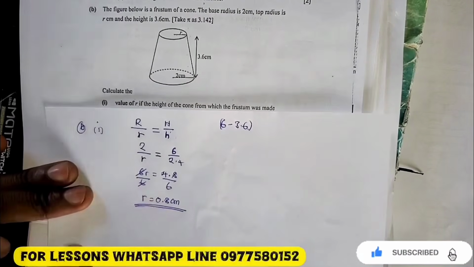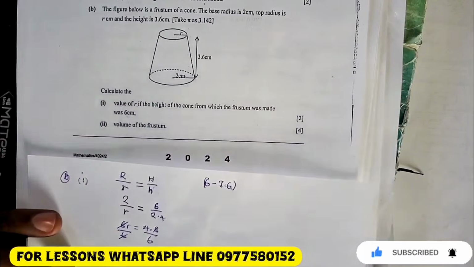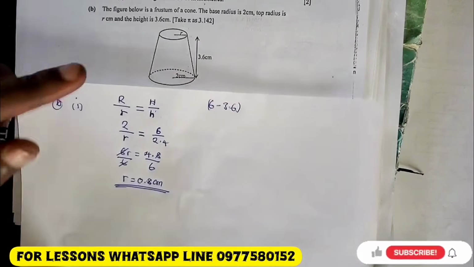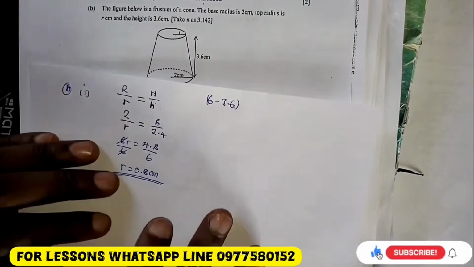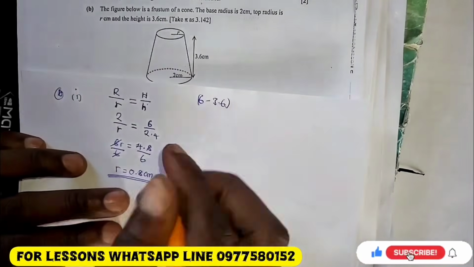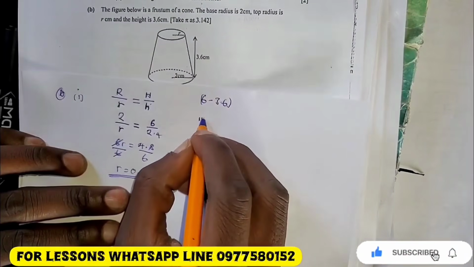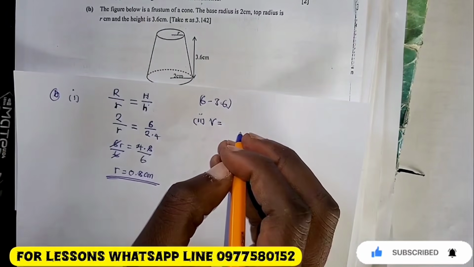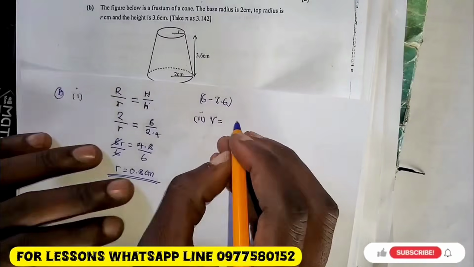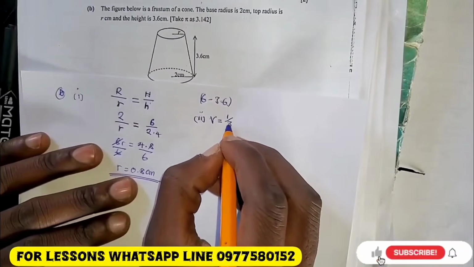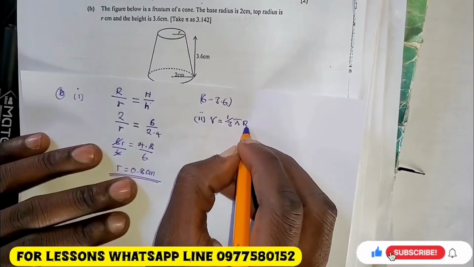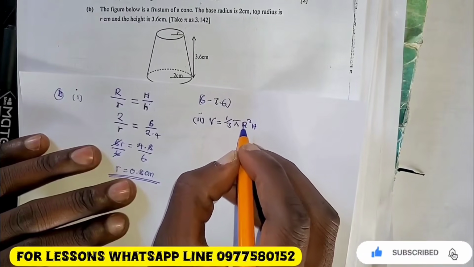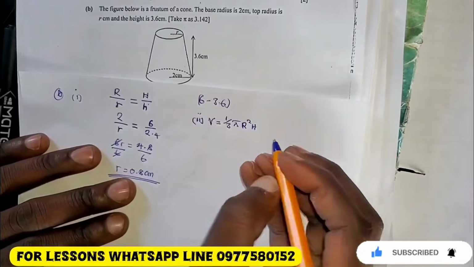Okay? This is question B1, right? Number 2, find the volume of the frustum, which is now 4 marks. Volume of this. There's no problem. So we're going to say number 2, volume. So we're going to use the normal formula, which is 1/3 pi r squared H. I'm using capital letters here for the larger cone.